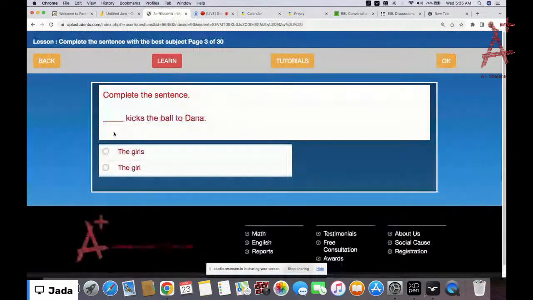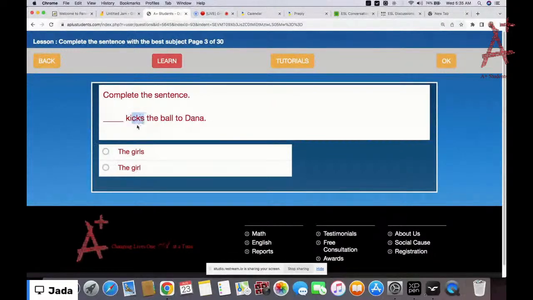Okay. So it says "kicks the ball to Dana." Kicks the ball to Dana, right? Okay. So since it kicks the ball like this, what is going to be the right and suitable answer? You see that is what? "Kicks."